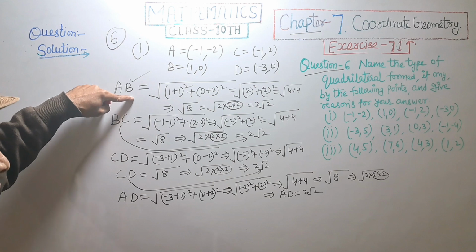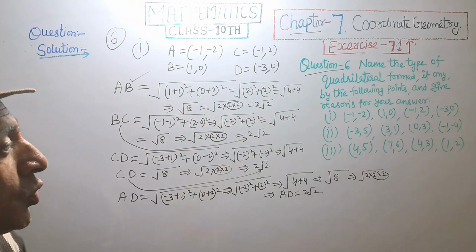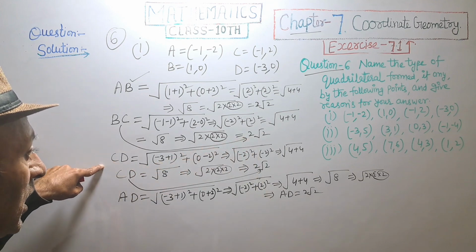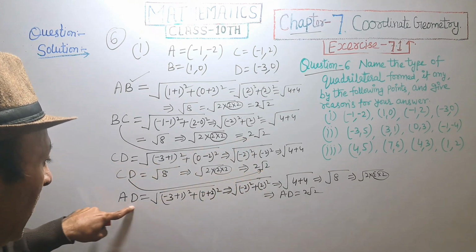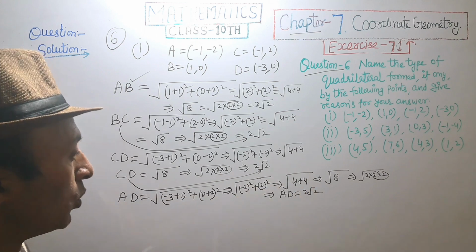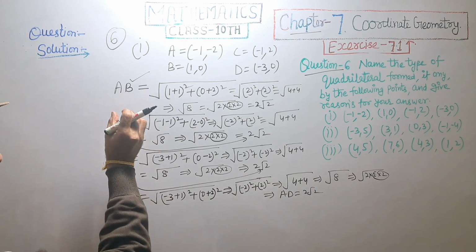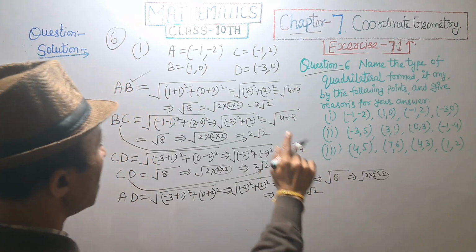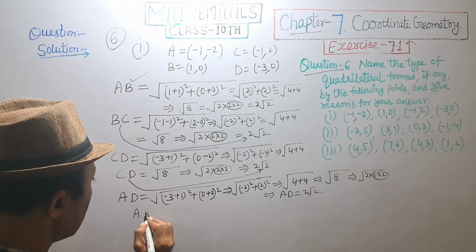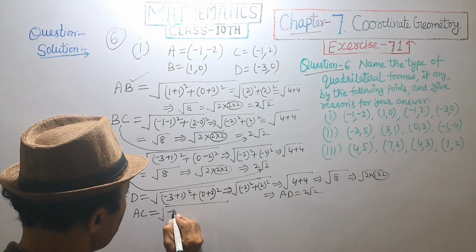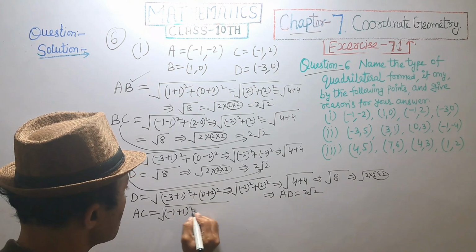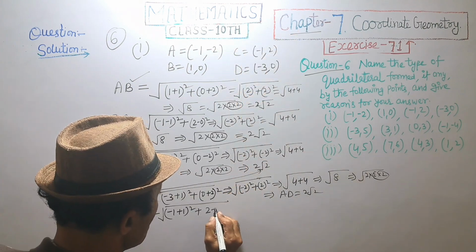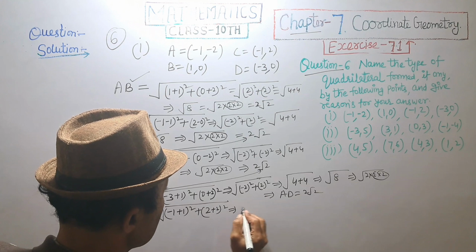But we get the value of AB by distance formula is equal to 2 root 2, BC is the same, 2 root 2, CD is equal to 2 root 2, AD is equal to 2 root 2, and all values AB, BC, CD and AD are equal, that is 2 root 2. And we get AC: (minus 1 plus 1) raised to power 2 plus (y2 minus y1) square, (2 plus 2) raised to power 2.